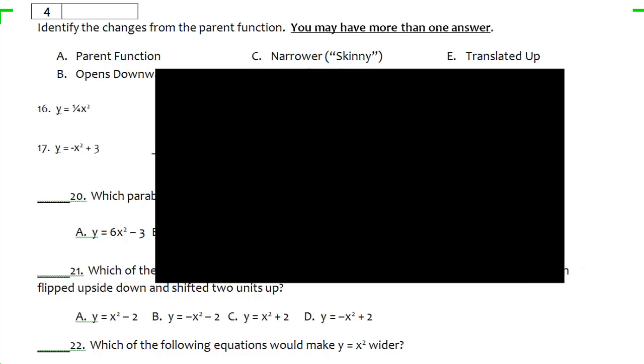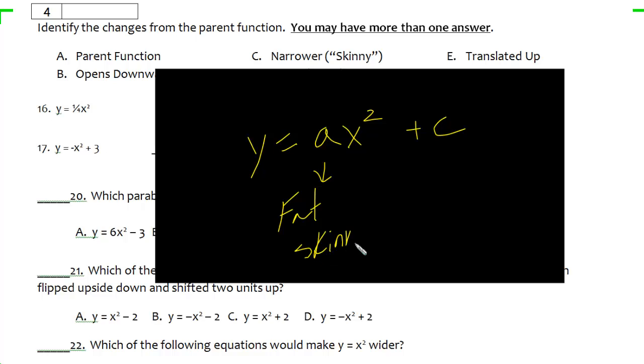What I can remember about these is I have that general form y equals a times x squared plus c. Now there's a bx in here, but for our purposes in Algebra 1, we essentially just omit that. So a, this value, makes the graph wider or narrower. And we simply call it fat or skinny.